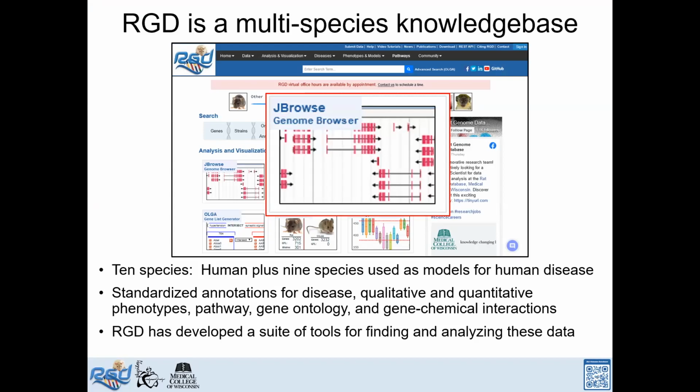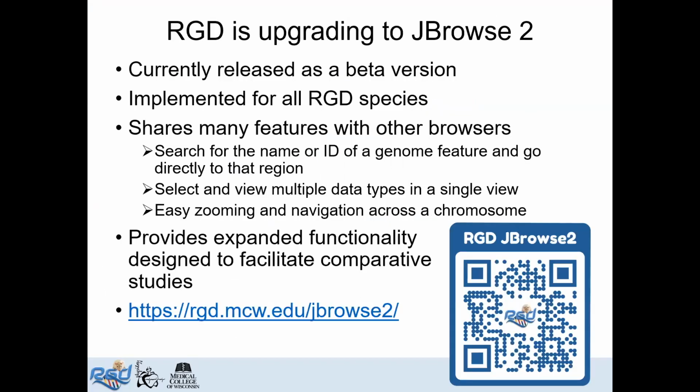The first one is the JBrowse genome browser. RGD is in the process of upgrading to JBrowse 2. It's currently released on our website as a beta version. It's been implemented for all RGD species, and it shares many of the features with other browsers, such as the ability to search for the name or ID of a genome feature and go directly to that region, the ability to select and view multiple data types in a single view, and easy zooming and navigation across a chromosome.